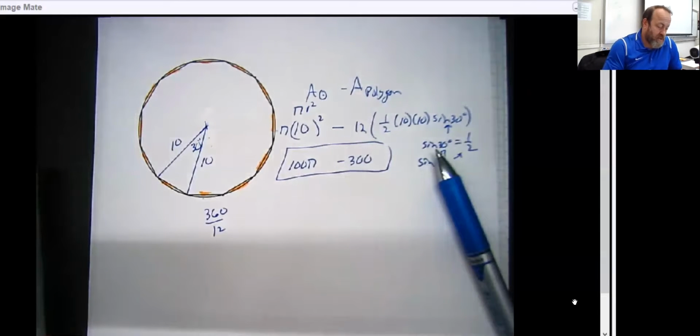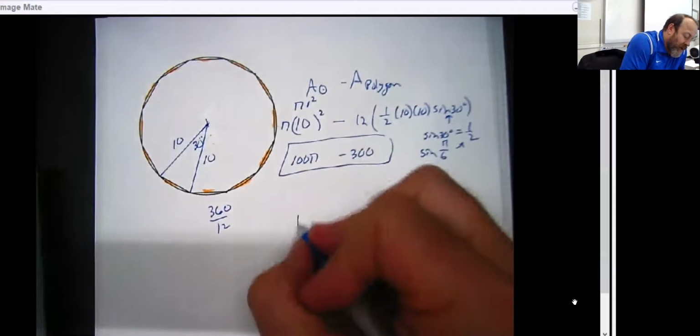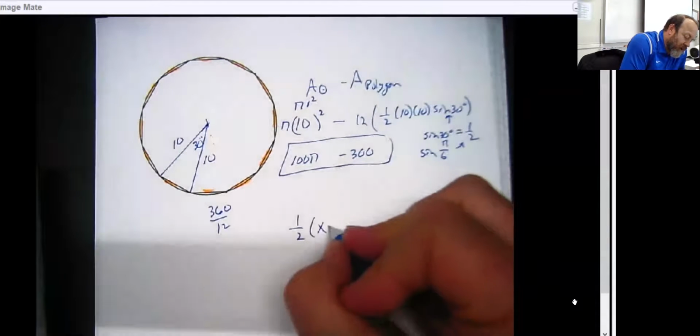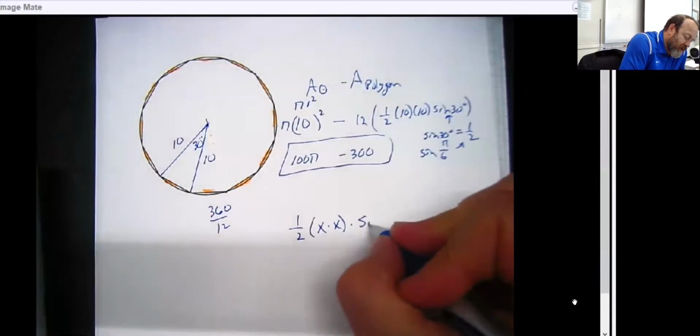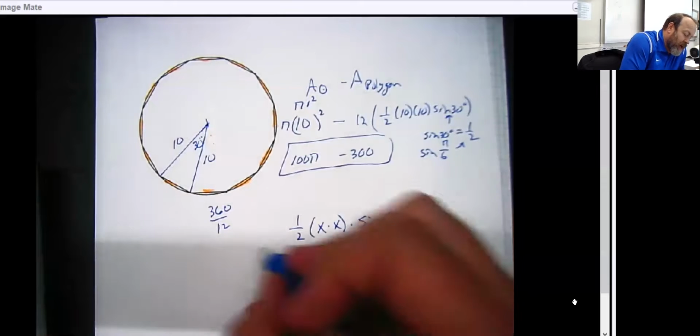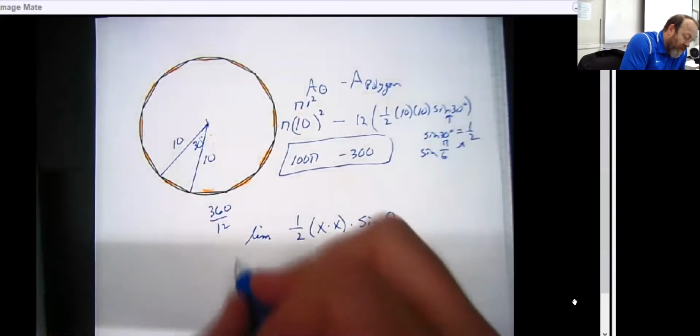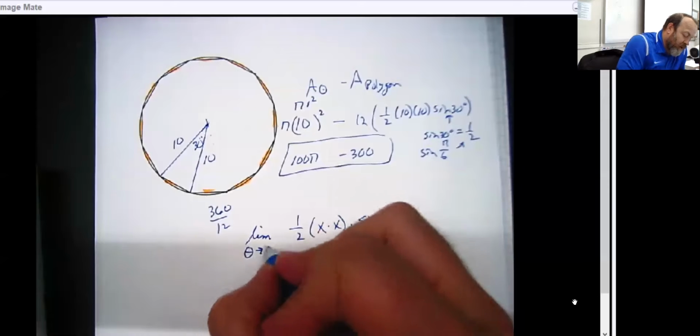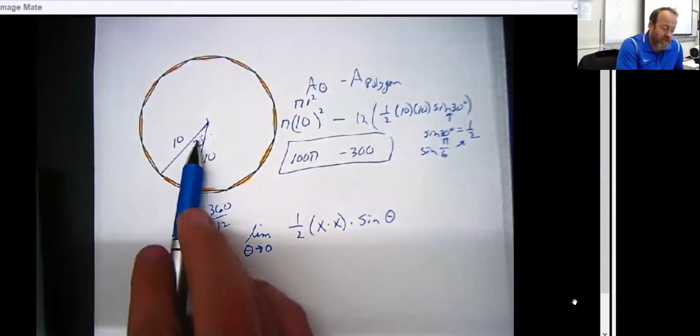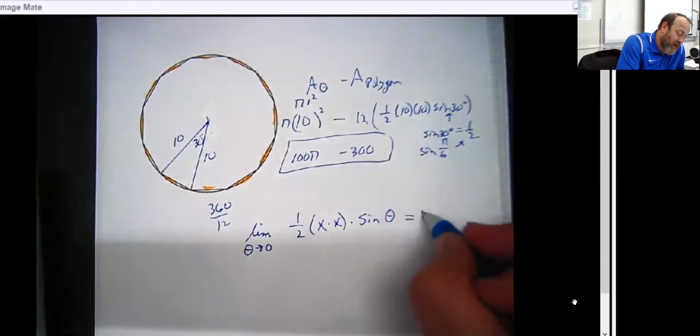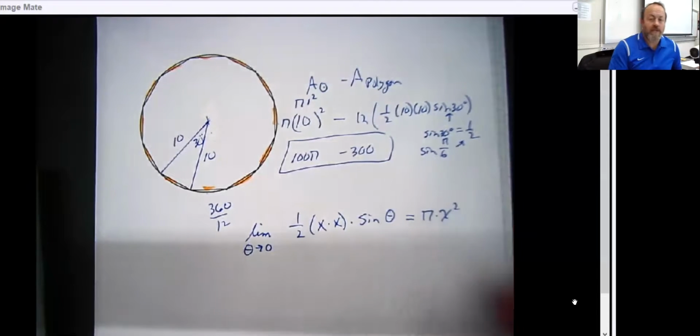And so as it turns out, if you did 1/2 the product of the two sides times the sine of the angle in the middle, and you did the limit as theta goes to 0, meaning that you make this thing smaller and smaller, you're going to get pi times that radius squared.